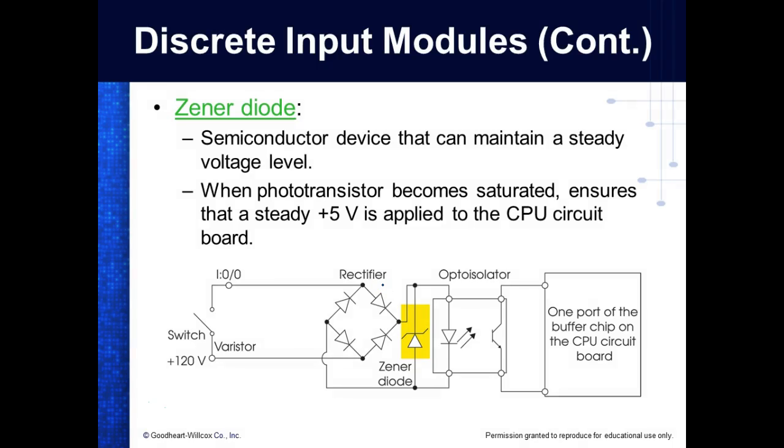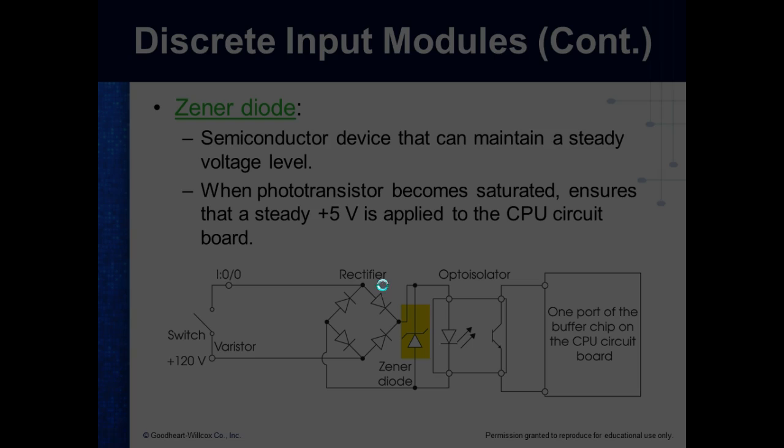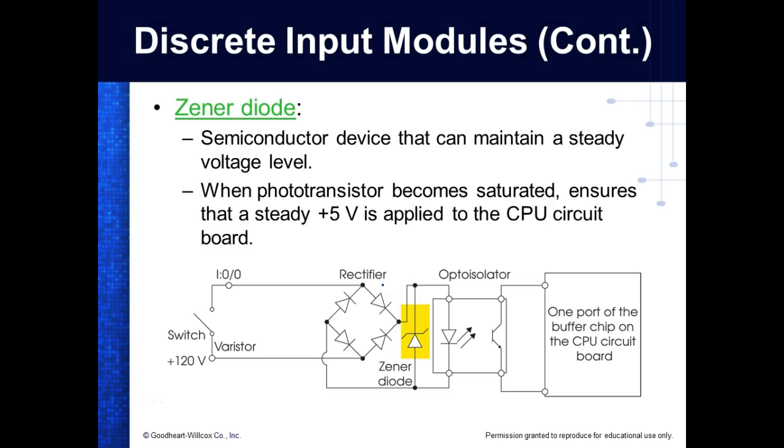Zener semiconductor device that maintains a steady voltage when low transistor becomes saturated. Okay, they say 5 volts. Of course, what you have to understand, guys, this is all transparent from you. What you're going to do is you're out here. Y'all understand that? All you got to do is make sure you hook up the right power to this thing, and that would be the right specifications.